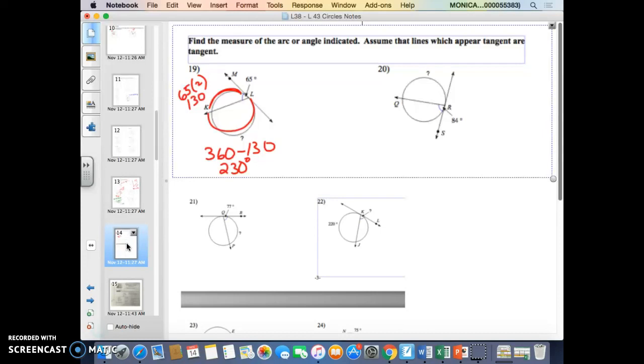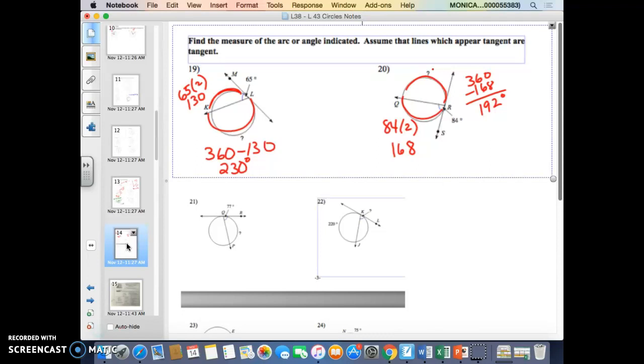All right, so again, the formula we're using is 1/2 the arc. So here we go. I want to know this angle here. I know this is 84, so the arc is going to be 84 times 2, and that is 168. And now I want the other half of the circle, so it's going to be 360 minus 168, because my whole is the whole circle, and that gives me 192 degrees.